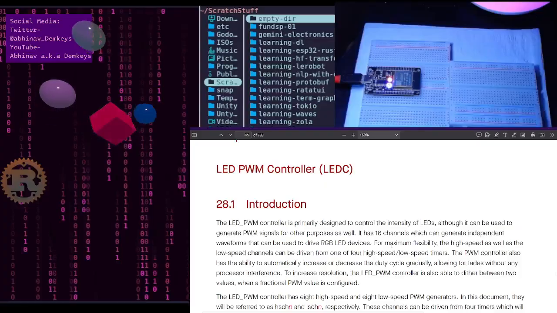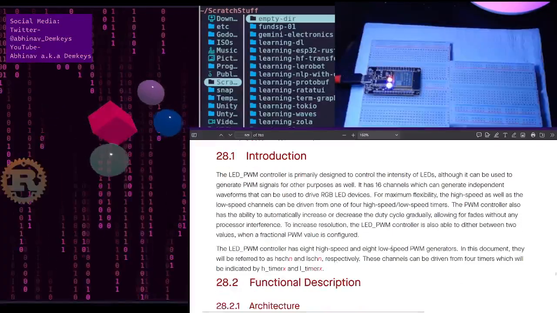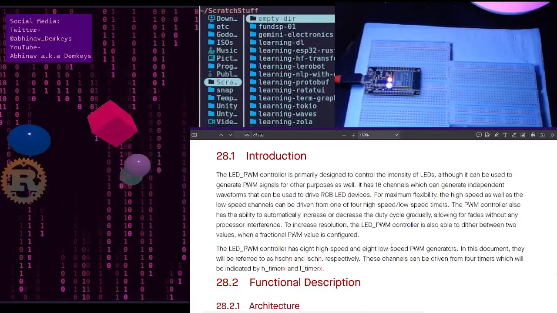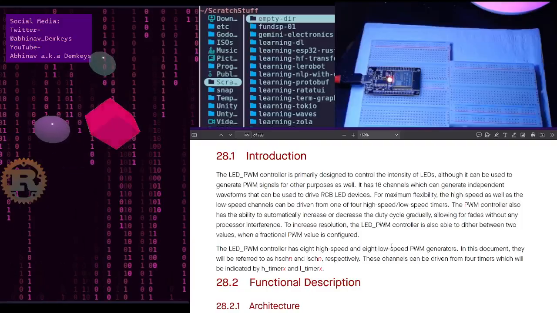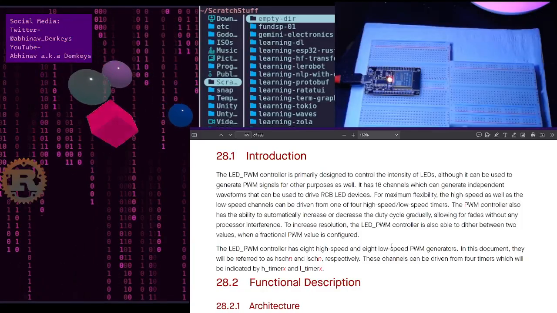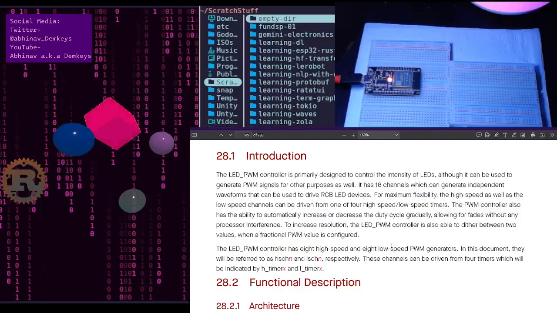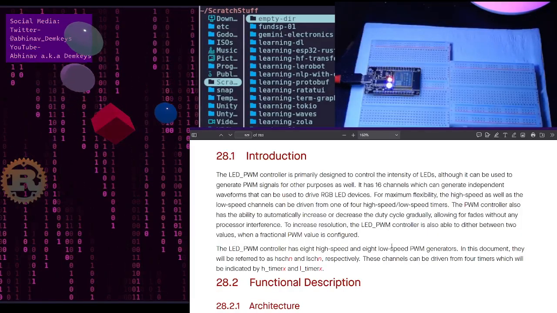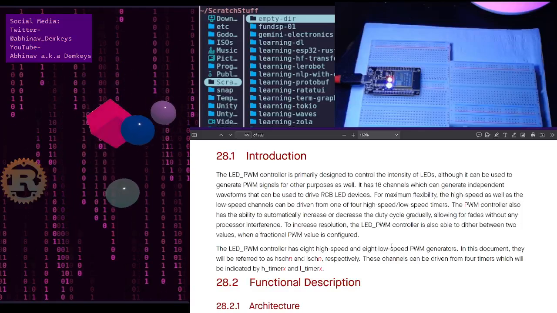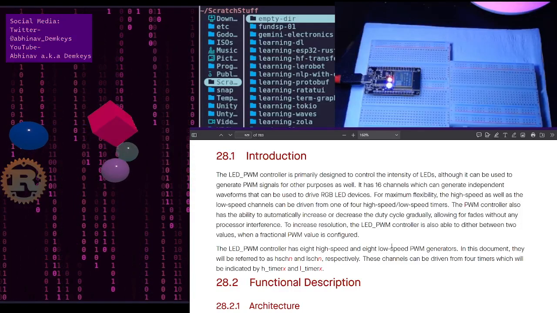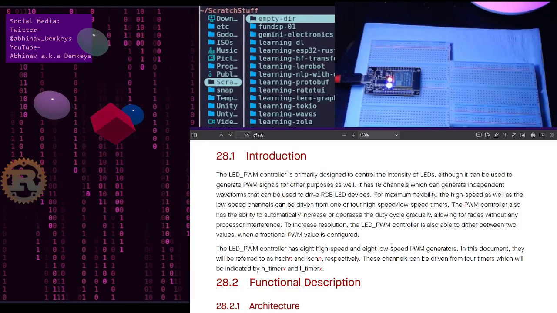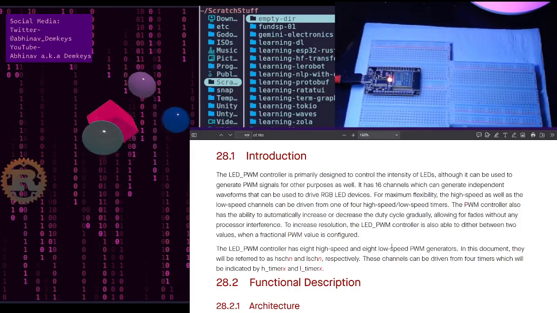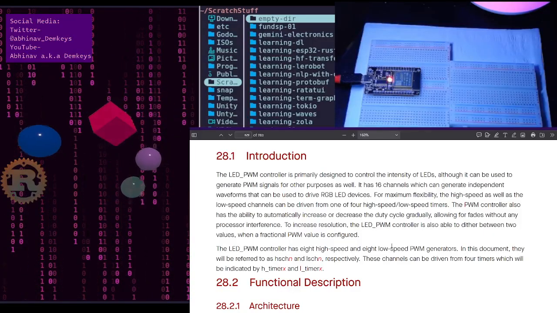Okay, introduction. LED PWM controller introduction. The LED PWM controller is primarily designed to control the intensity of LEDs, although it can be used to generate PWM signals for other purposes as well. It has 16 channels which can generate independent waveforms that can be used to drive RGB LED devices.